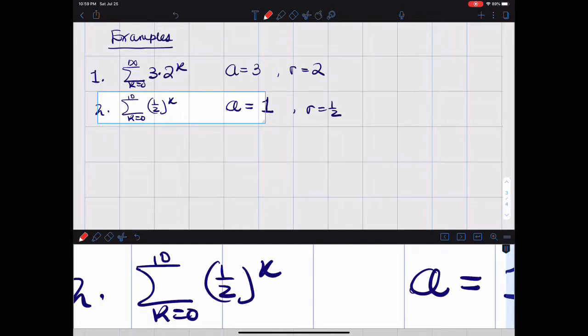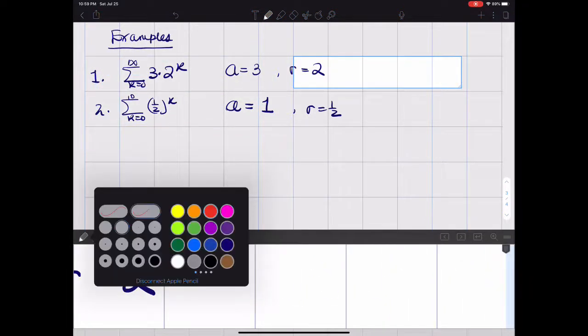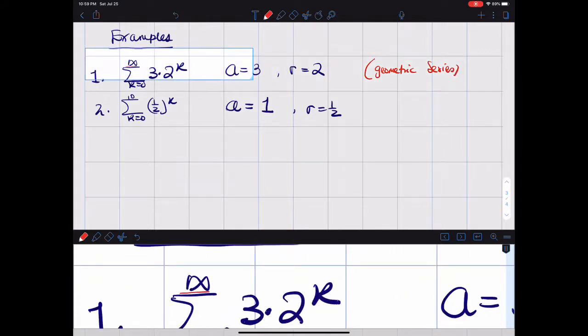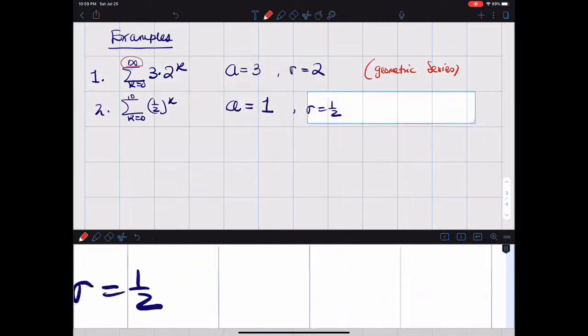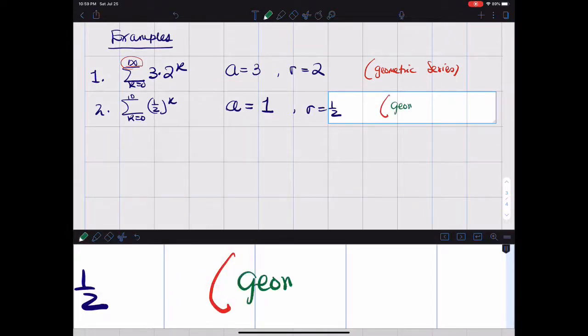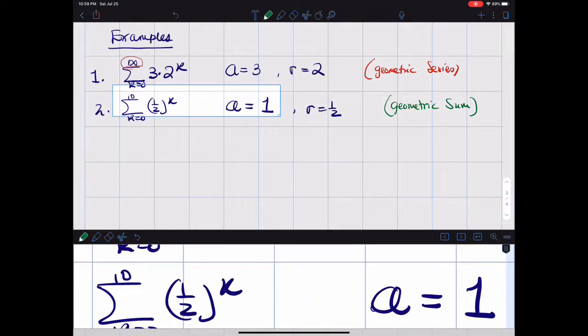Let's look for a formula for computing a geometric sum. As you can tell, this is a geometric series, because of this, right? And this is a geometric sum, because of that.